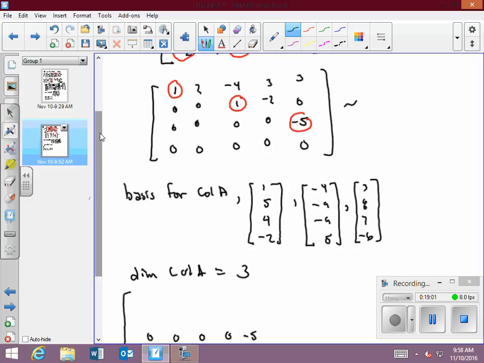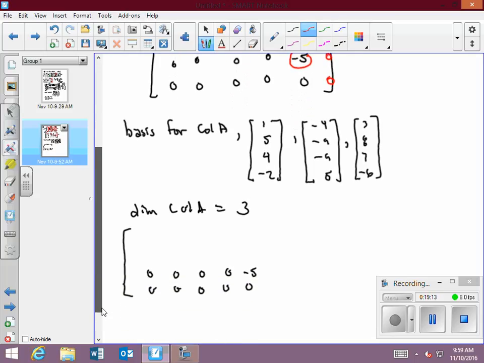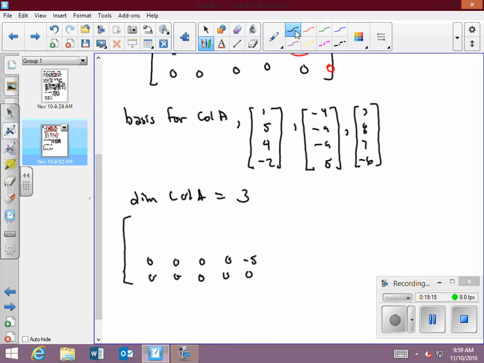Now, this is what I could do at this point, is I could augment this thing so that I could write this thing down here as 1 with my augmentation.